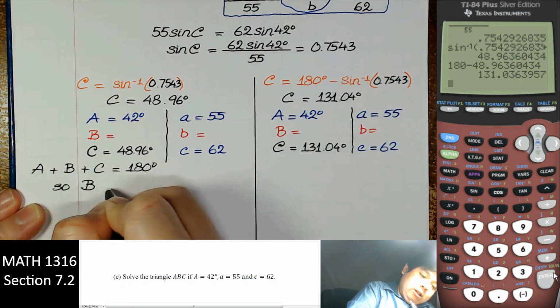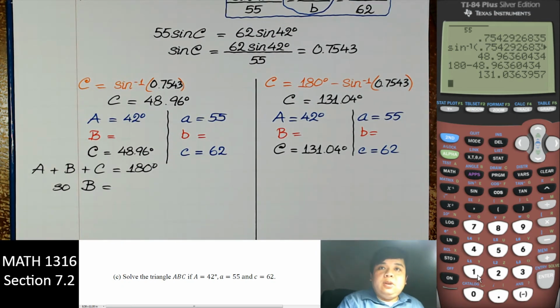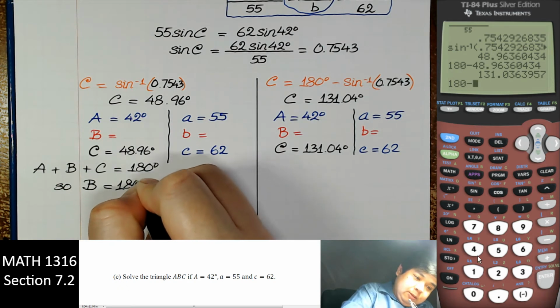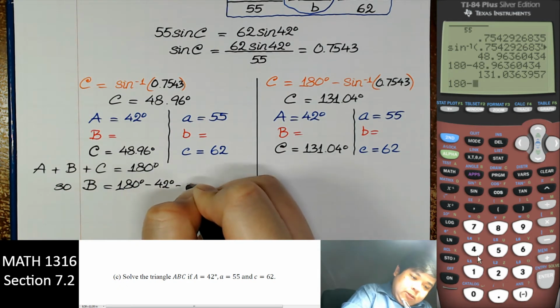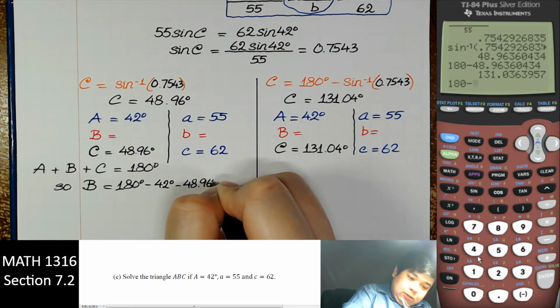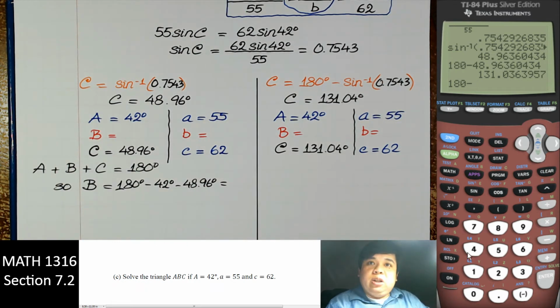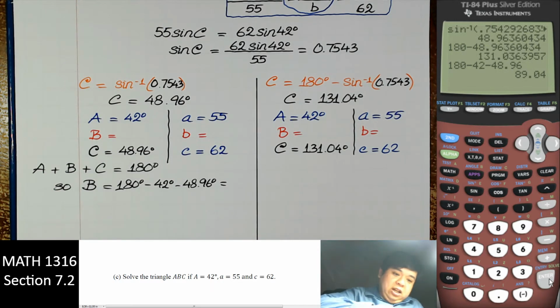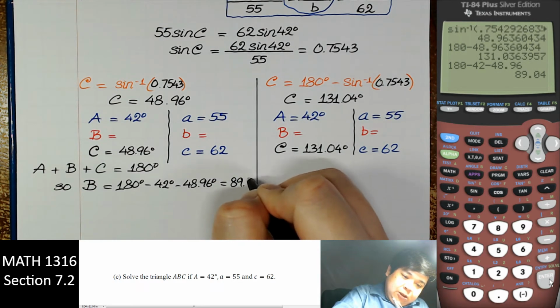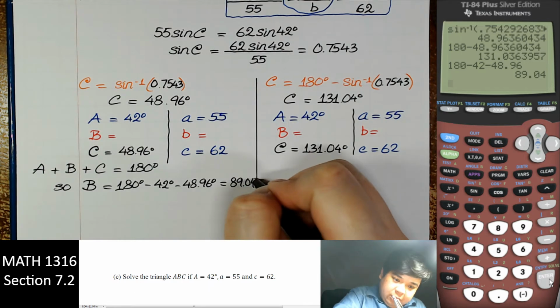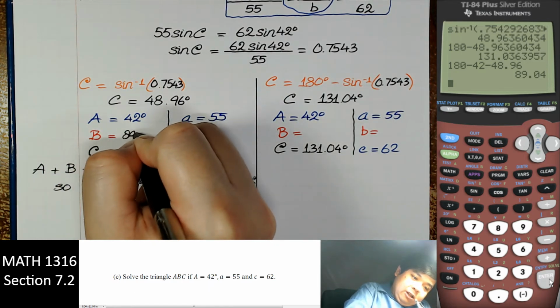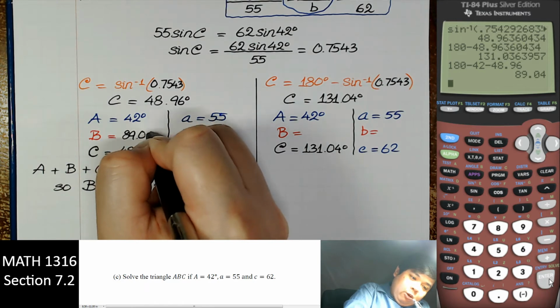So angle B is 180 minus 42 minus 48.96. We have 89.04 degrees.